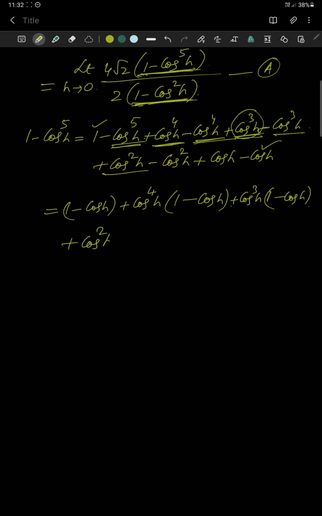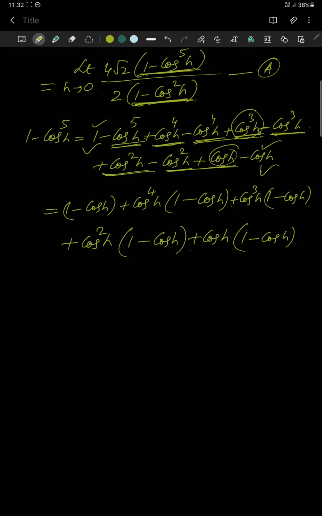Here we are left with 1, here we are left with minus cos h. That is what I have written here. Now out of these two, we can take out cos h plus cos h common, so that in place of this 1 is left, and here only cos h is left. This cos h was already clubbed together with this 1 which was written over here. I hope till this point it is clear, all of you.